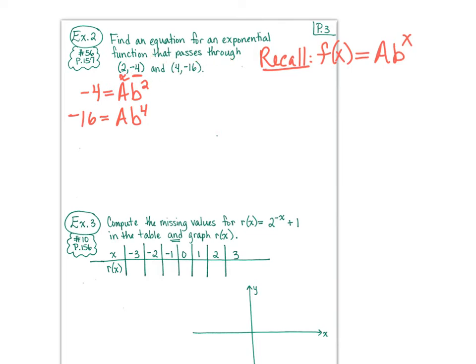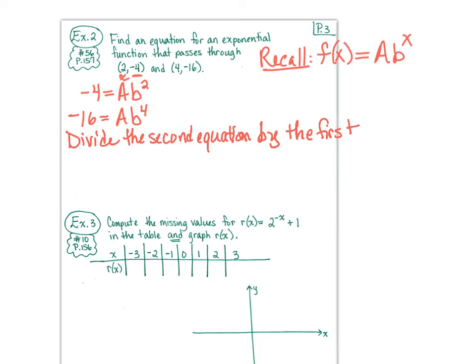So what we can do is divide the second equation by the first to get -16 over -4 equals AB to the 4th divided by AB squared. -16 over -4 is what? 4, good. It's a huge 4. We'll go with it though.